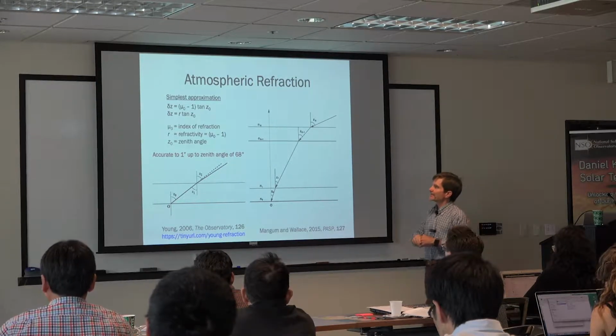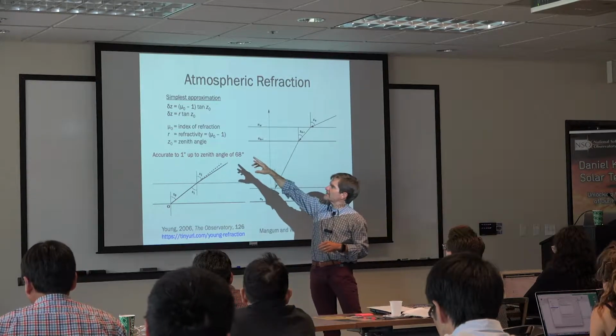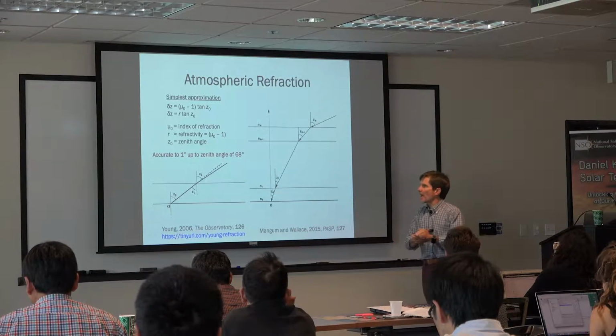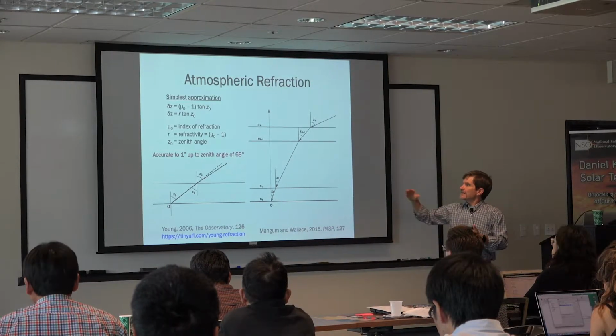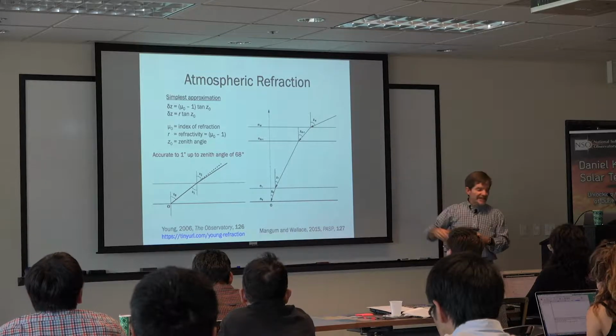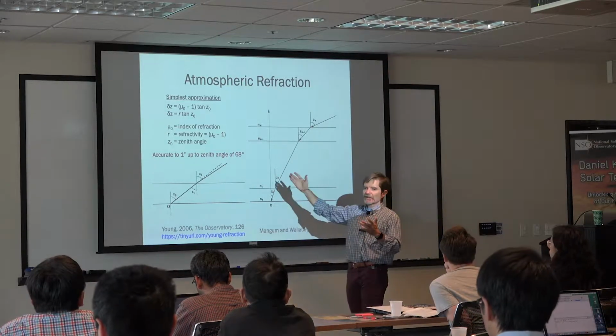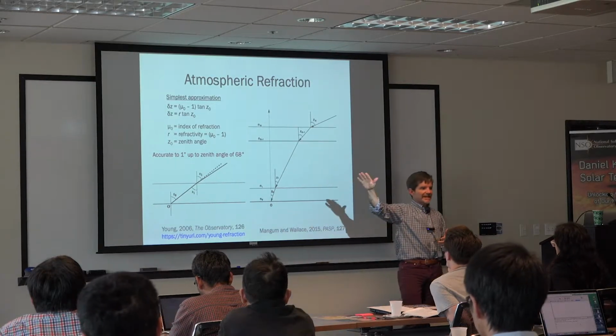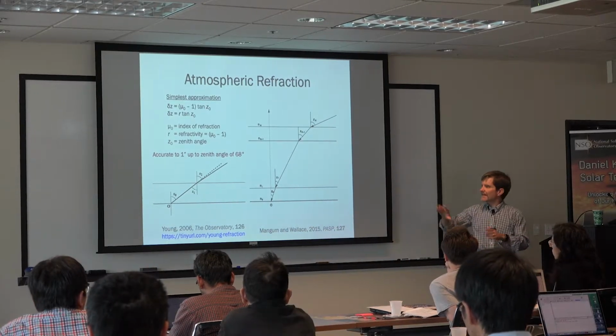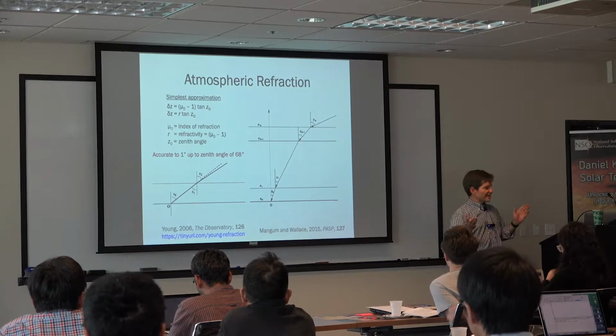And you care about the index of refraction of the atmosphere, mu naught. You calculate simply the tangent, and you can calculate the refraction. And this is actually accurate up to a zenith angle of 68 degrees. So well away from the zenith, this very simple approximation is good enough.